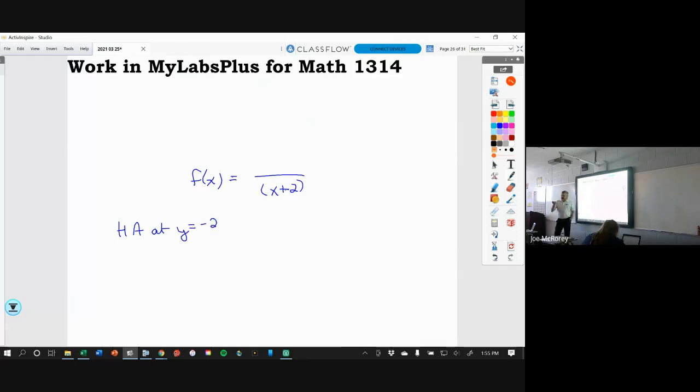Just because it's not 0, that tells me that the degree of the top and the degree of the bottom have to be the same, okay? When the degree of the top and the degree of the bottom are the same.